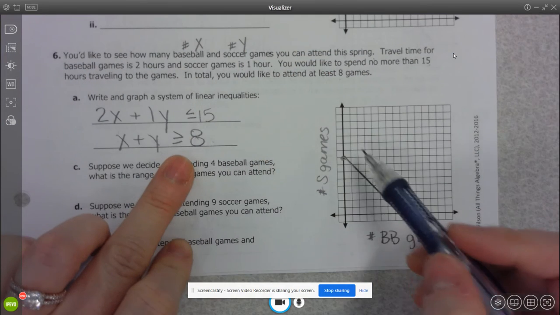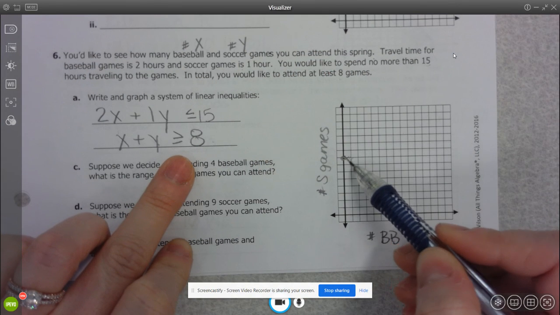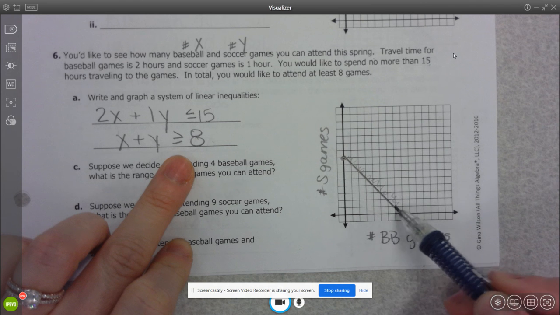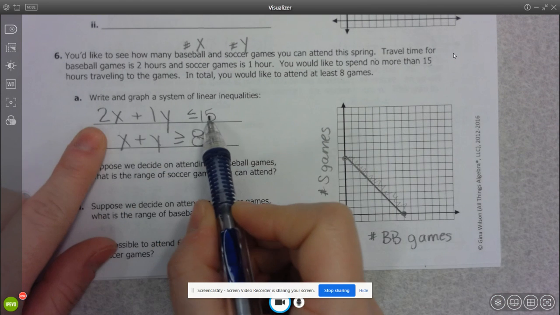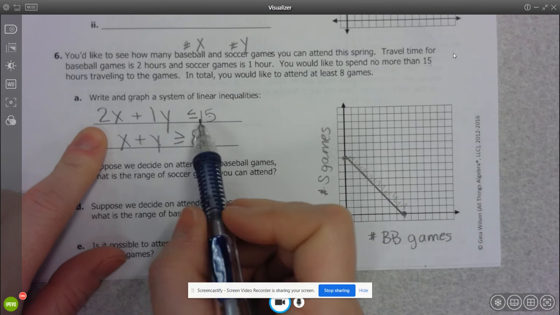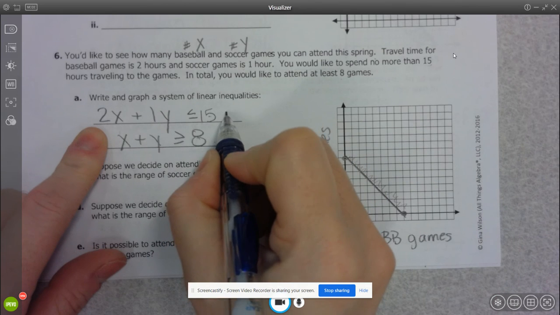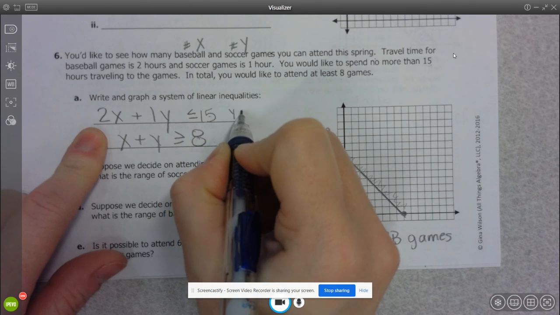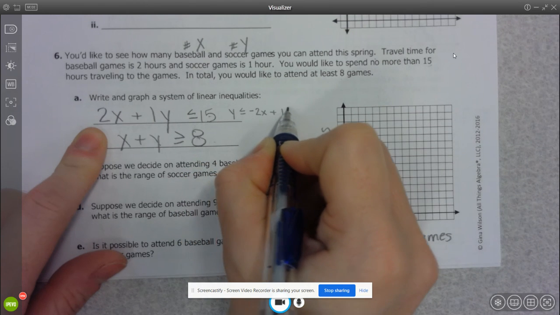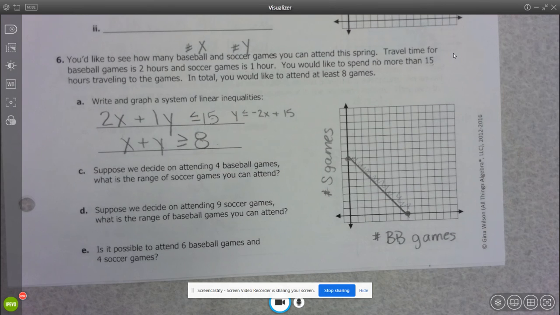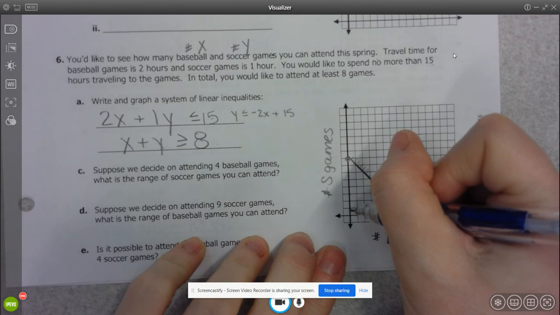And because I want to be over 8, I know that my shading is going to be on this side, just to keep that in your mind. Now this 15 divided by 2 is not going to give me a pretty answer, so I'm going to go ahead and convert this. Y is less than or equal to negative 2x plus 15. So I'm going to graph this in slope-intercept form.